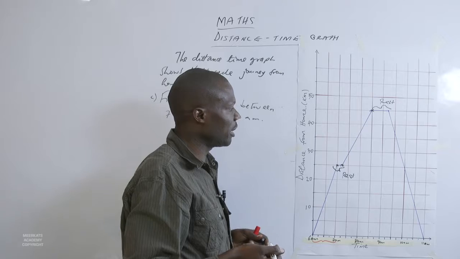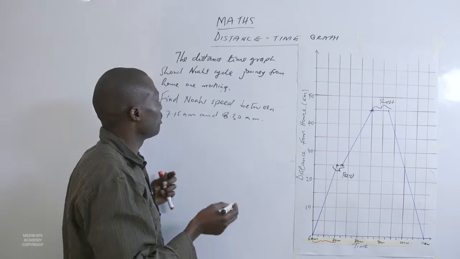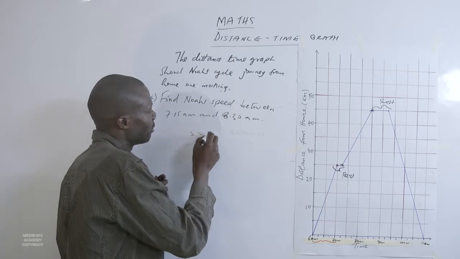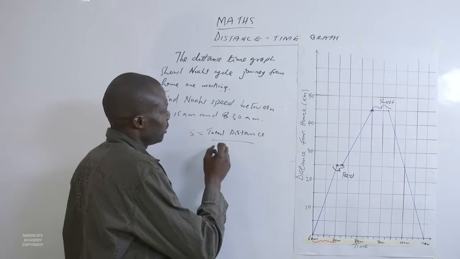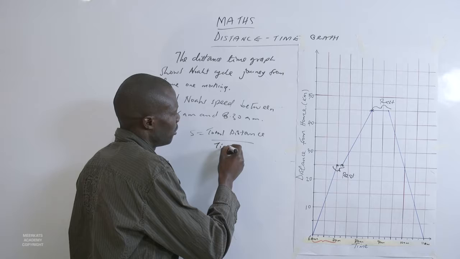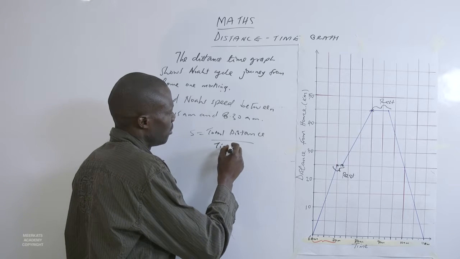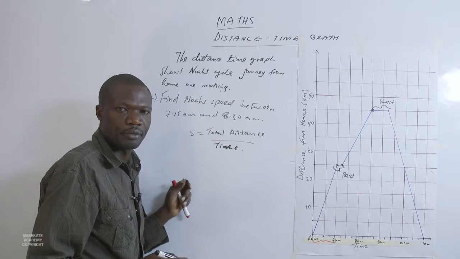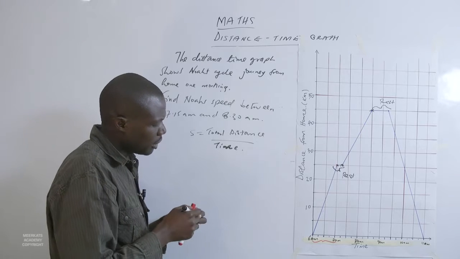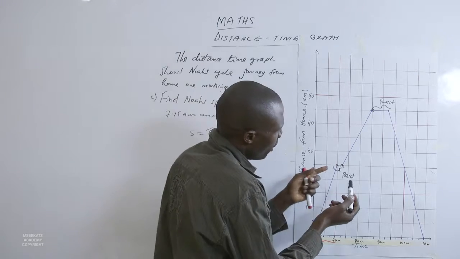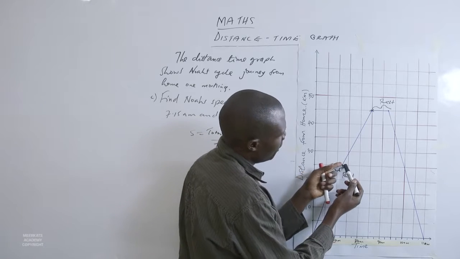So the speed here is going to be given by total distance traveled over total time. Right? How do we get our total distance? It is easier. Look where we started from, 7:15 is here.